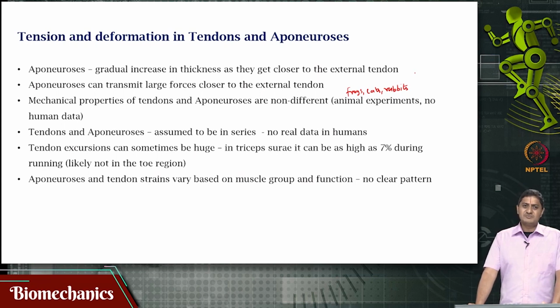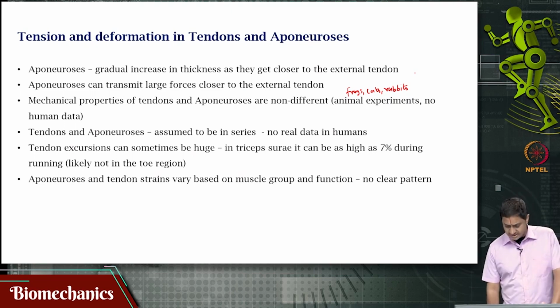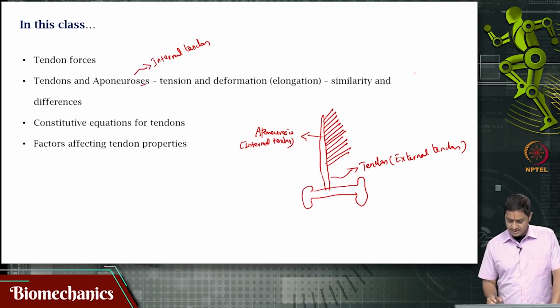You would assume that because the aponeurosis continues on to become the external tendon, these two are in series, but it is not clear whether these two are indeed in series.